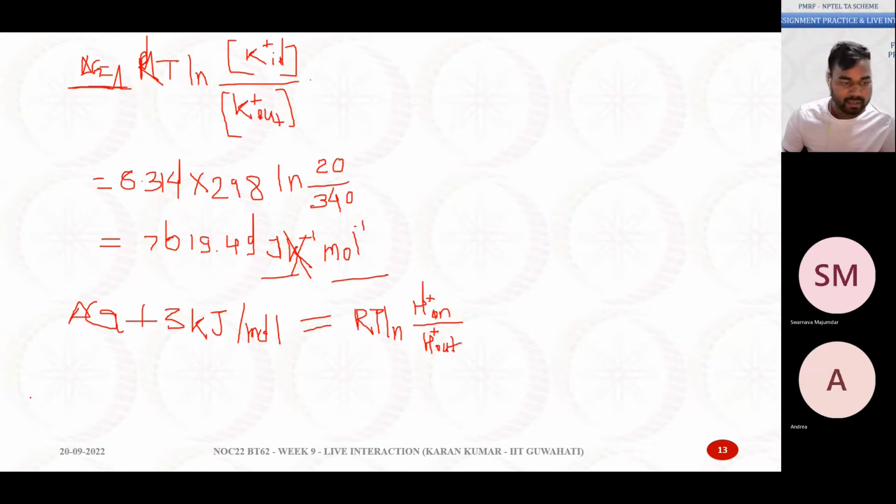Here you will get 7019 plus 3000. Both are on the negative side, because the 3000 extra means you add it.